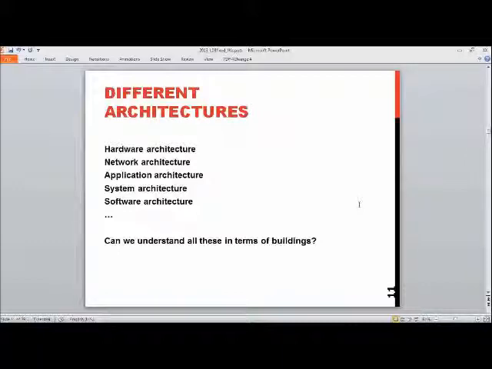But overall, the software architecture is important to give software developers an understanding of what we are actually doing.